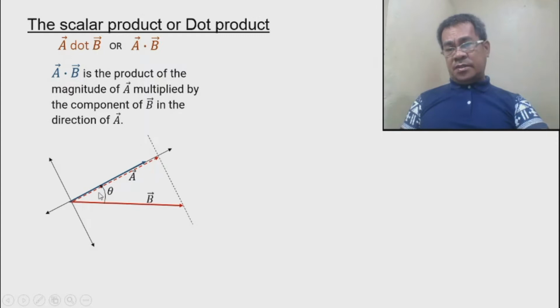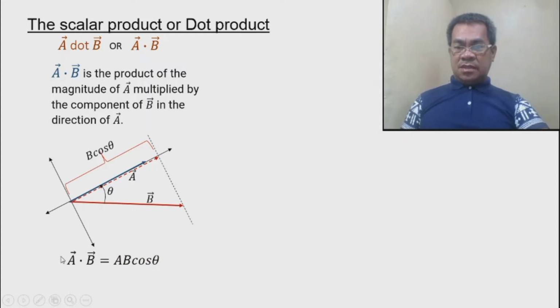So in this case, the magnitude of the b component parallel to a is b cosine theta. We use cosine because this is adjacent. Very simple. The a dot b means the magnitude of a, without arrowhead means magnitude, remember, times the magnitude of b cosine of theta.